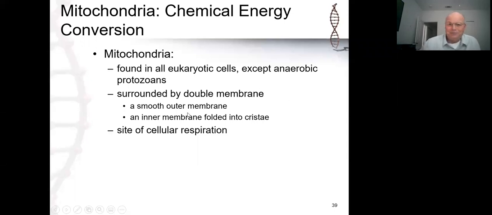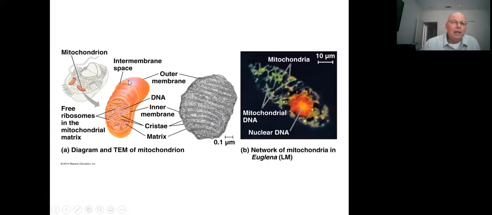As I pointed out, it's surrounded by a double membrane. If we look at a picture, the outer membrane is a smooth membrane. You could think of this as being derived from the original food vacuole, the vacuole that was involved in capturing the bacteria. That's kind of where it may have been derived from.